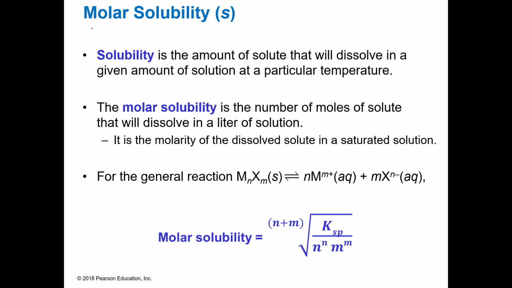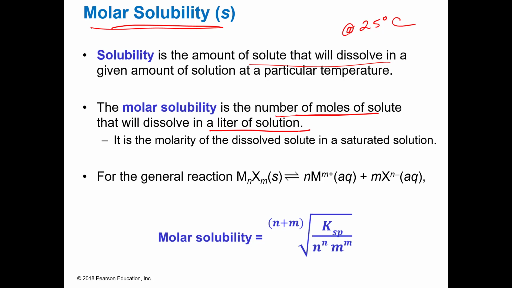That brings us to a concept called molar solubility. Solubility is the amount of solute that will dissolve in a given amount of solution at a temperature. Usually you see them at 25 degrees C. That's pretty standard. Molar solubility is how many moles of solute will dissolve in 1 liter of solution.